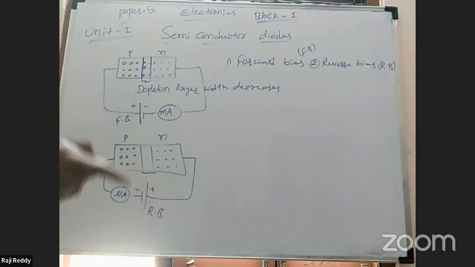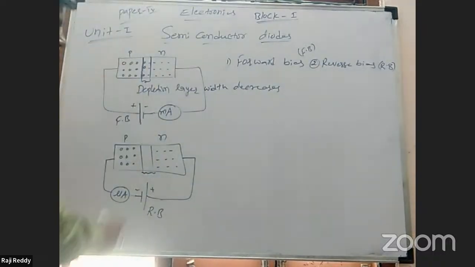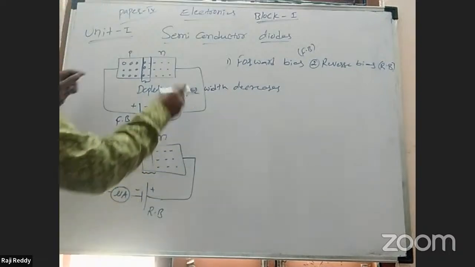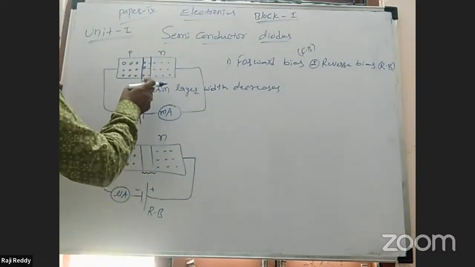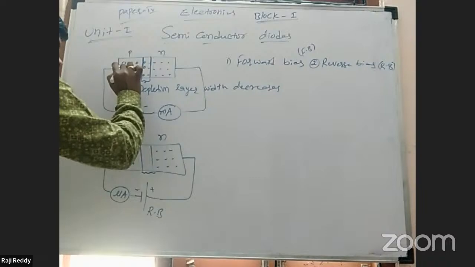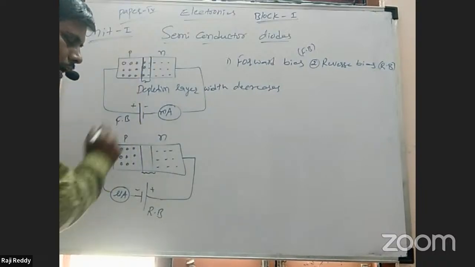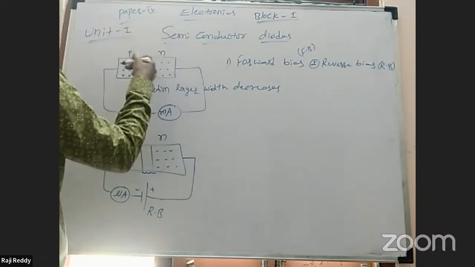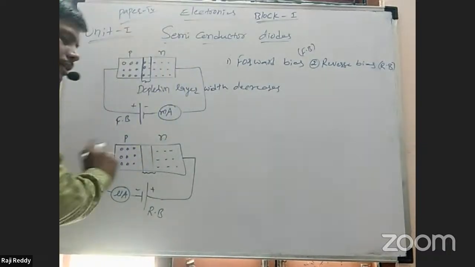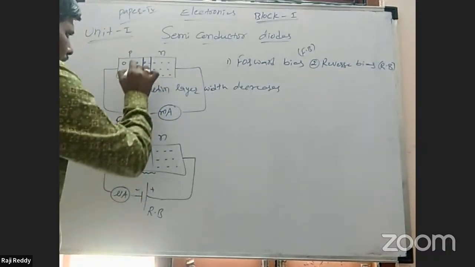In forward bias, depletion layer width decreases. If the width decreases, then drift of holes from P region to N region and diffusion of electrons from N region to P region can happen easily.